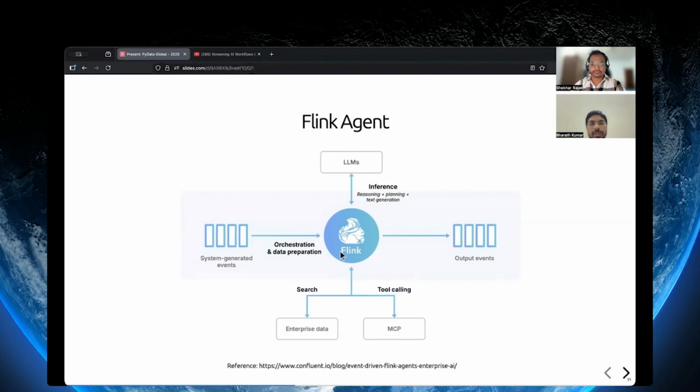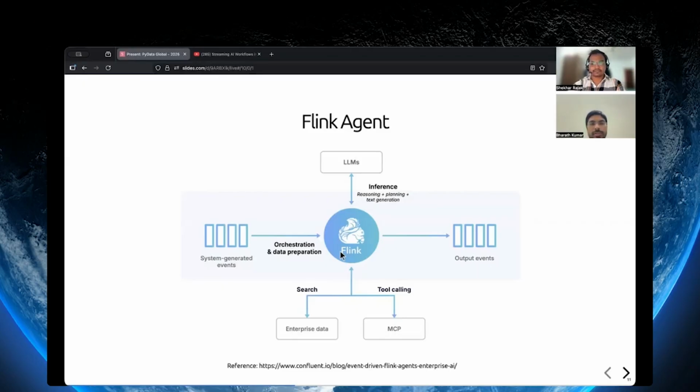These are not wrappers around any language models. They are native citizens of Apache Flink's runtime. What they do is live inside the stream topology, see every event the moment it happens in real time, and keep the state forever, all with exactly-once guarantees and sub-second latency.